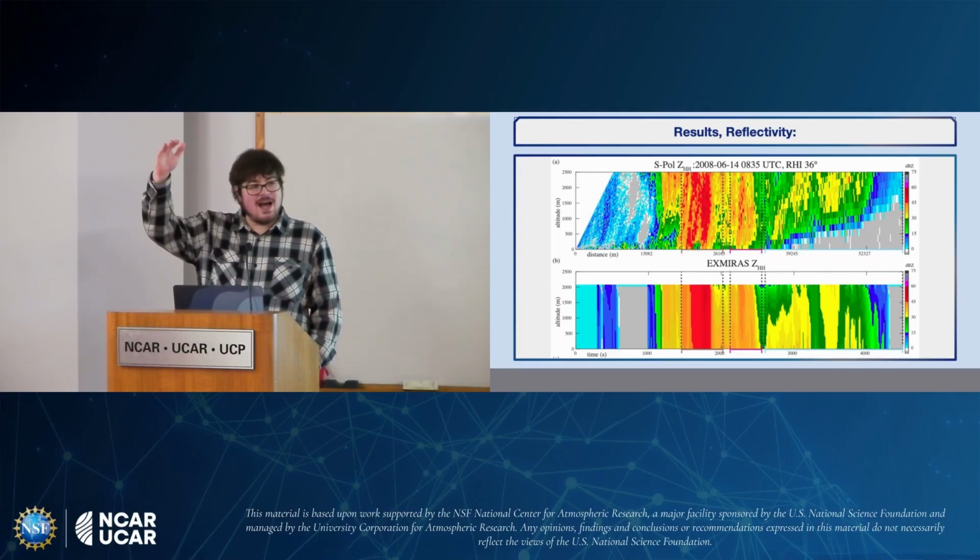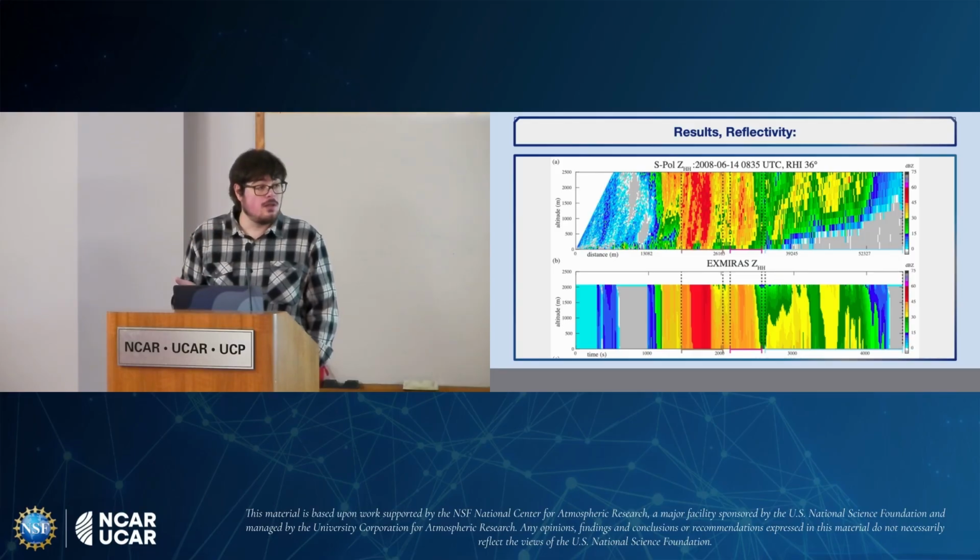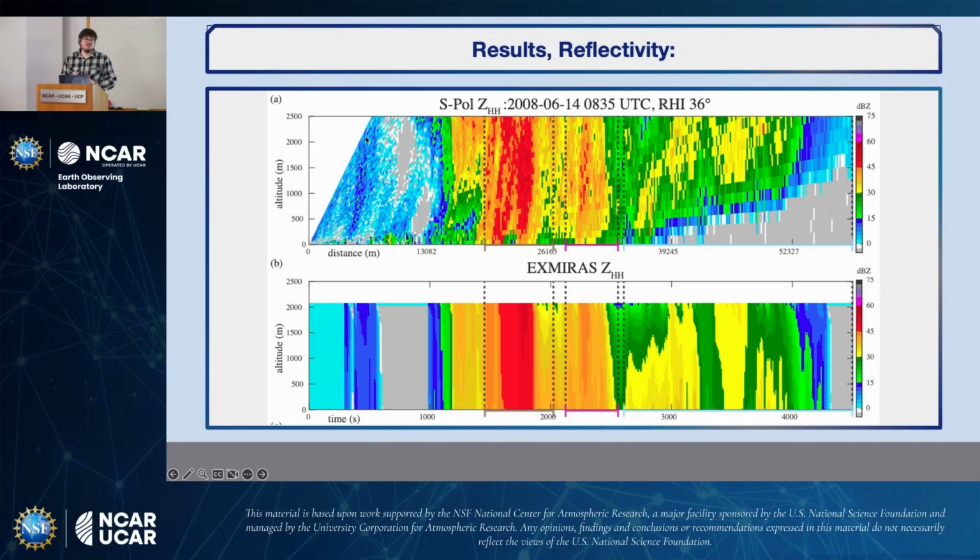When I went too high, the optimization wouldn't work at all. When I went too low, there just wasn't enough information for the fit. So I had to go a little bit higher. 2,500 meters is fine. Once we start to get above that, things get a little sticky.